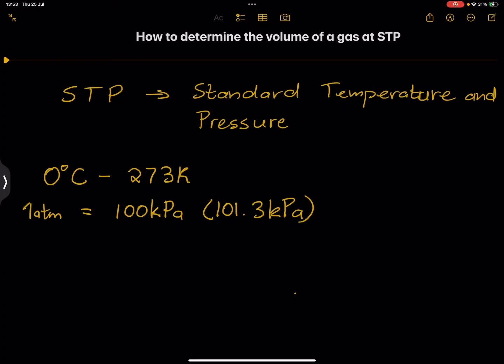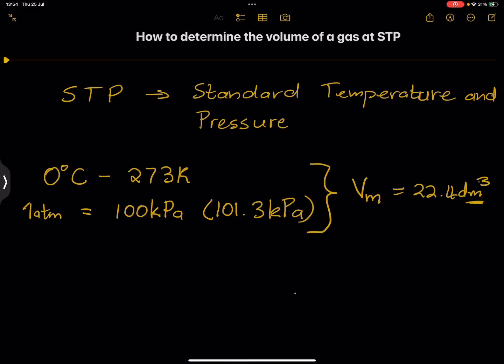So what we do know is that at STP, 1 mole of any gas, what we refer to as the molar volume, will be 22.4 cubic decimeters per mole. In some regions we use liters, so decimeters and liters are exactly the same thing. So we say that 1 mole of any gas at STP occupies 22.4 cubic decimeters per mole.